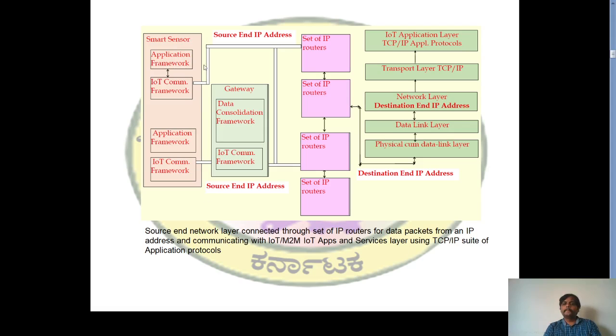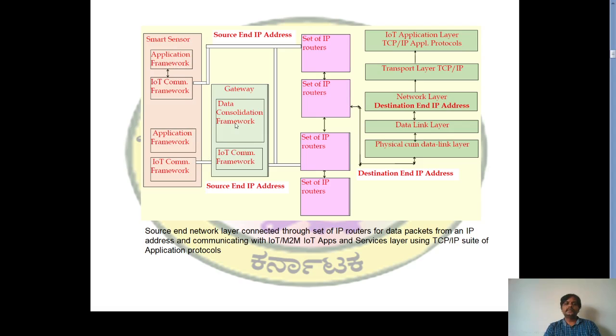So here the device or the machine is connected to the smart sensor. So it represents the IoT. Here we have IoT communication frameworks and the application framework, and this smart sensor is connected to the gateway.